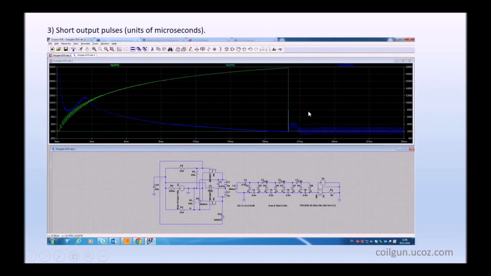The main disadvantage of multiplier shockers is the form of their output pulses. They are very short, units of microseconds. I was not lazy. I modeled some multiplier stage powered with ZVS driver, and this trace indicates voltage on our load.